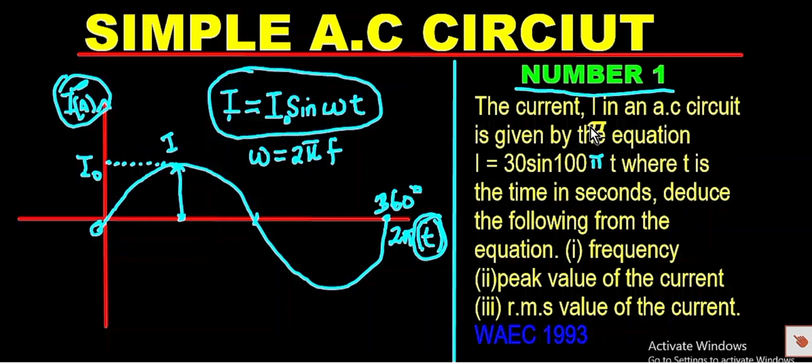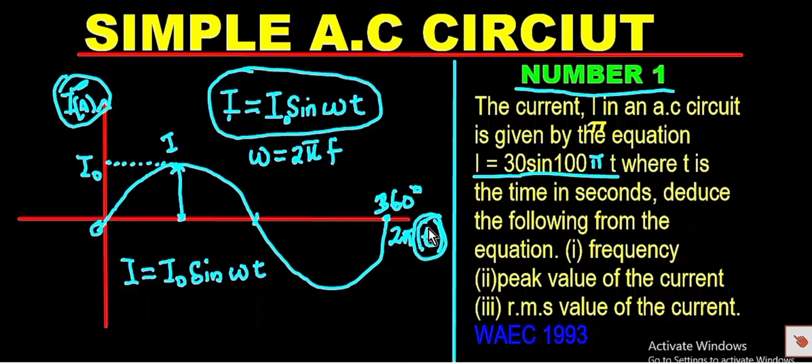Now, if you look at this equation very well, you see that it is similar to the question you were given. I have written I equals I naught, which is the amplitude, then sine omega t.